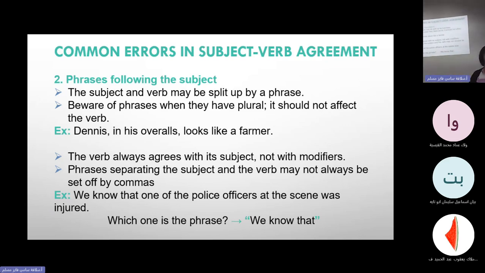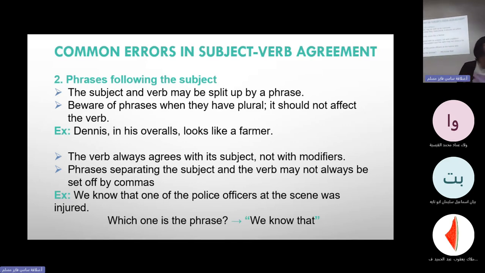No. So never, ever say singular. You say either first person pronoun, second person pronoun, third person pronoun, then plural. All right. The verb always agrees with its subject, not with the modifier.